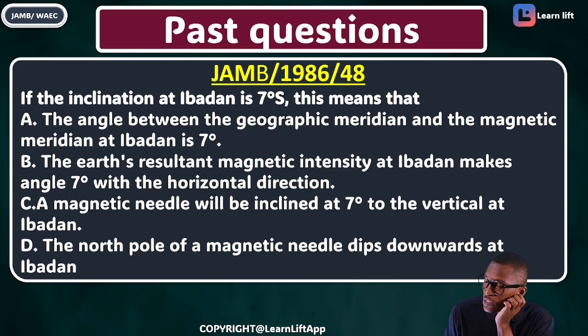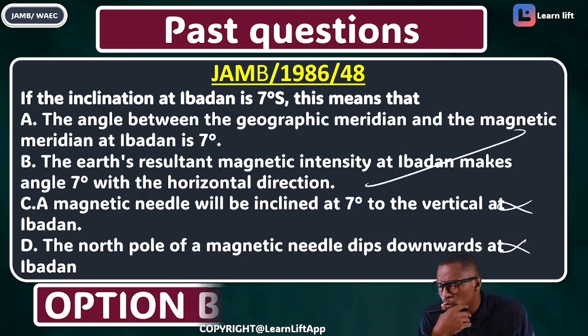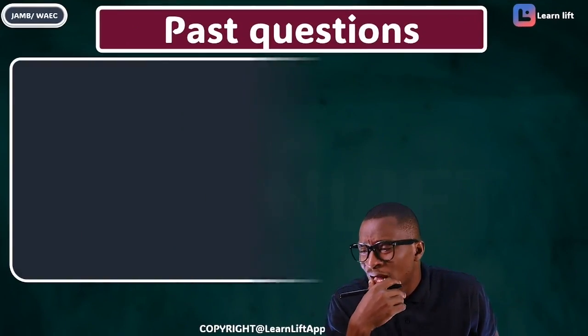Option A is wrong. Option B says the Earth's resultant magnetic field at Ibadan makes 7 degrees to the horizontal. Of course, because we know the angle of dip is the angle the resultant magnetic field makes to the horizontal, making option B the answer. I hope you are following.